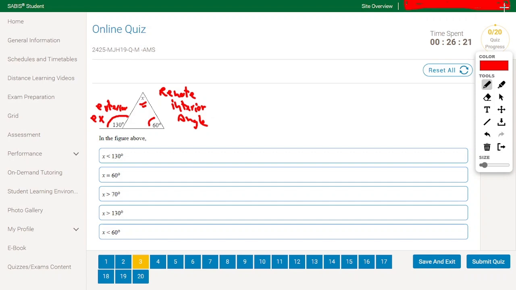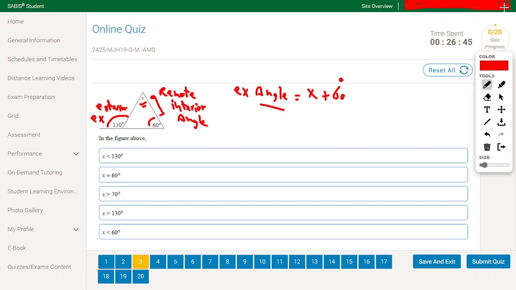Now, the exterior angle will be equal to the summation of the remote interior angles. It will be equal to x plus 60.